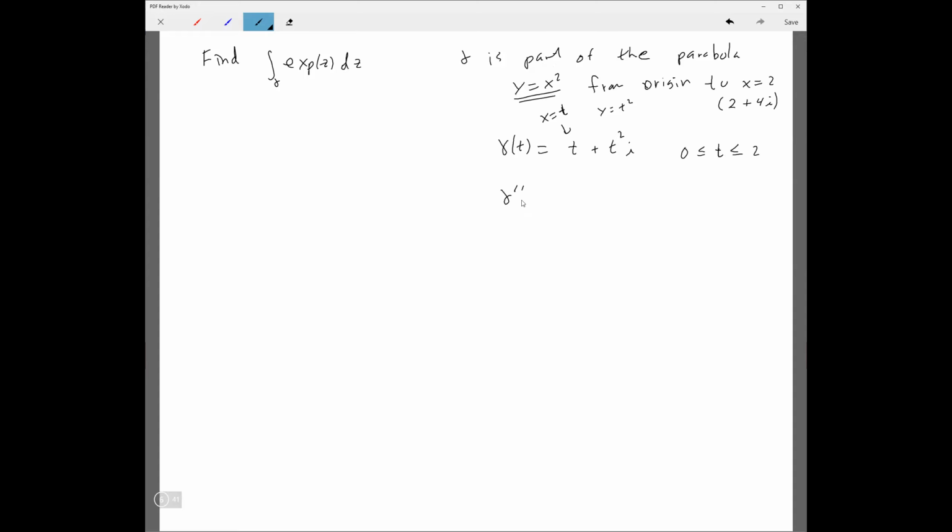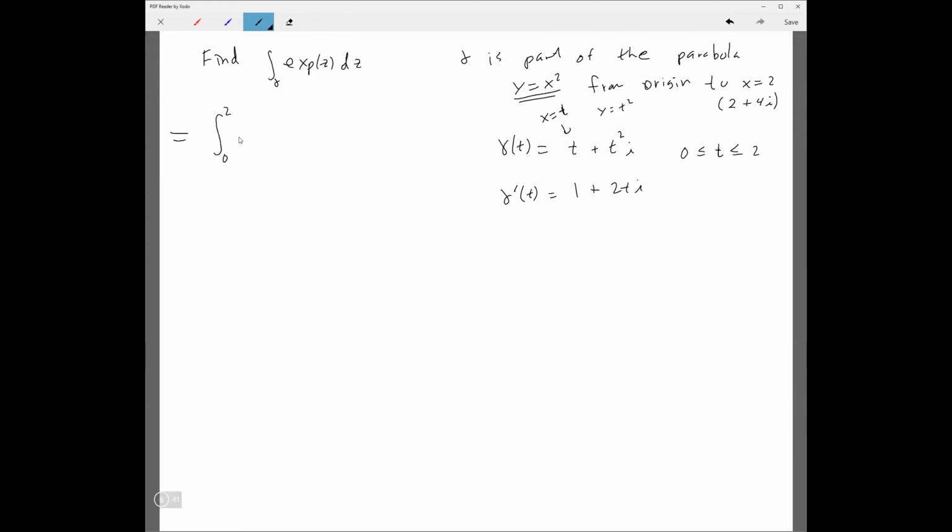Okay, and then gamma prime is 1 plus 2ti. So we put everything in. Limits of integration 0 to 2.